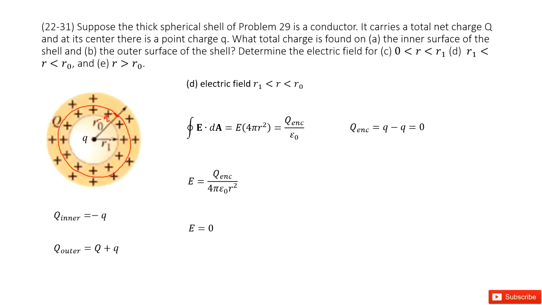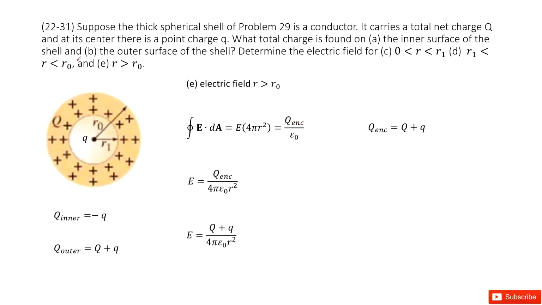So the enclosed charge is zero. Then we apply Gauss's law: the electric field times the Gaussian surface area equals Q enclosed divided by epsilon naught. This term becomes zero, so E equals zero, because this is a conductor and the electric field inside a conductor must be zero, right?